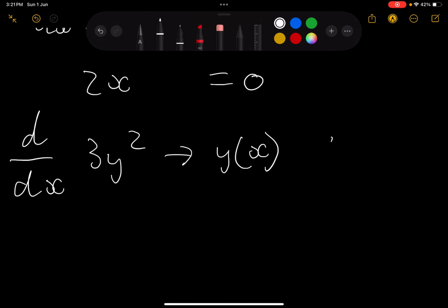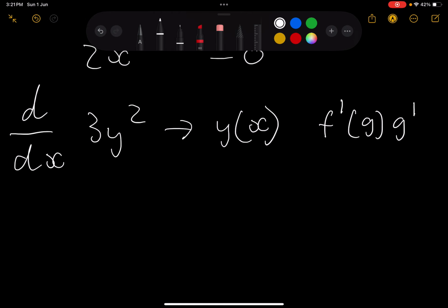So we're going to have to use the chain rule, which is over here. What is our f prime, the outer function? Well, the outer function is simply the square term at the top, and the inner function is just y.